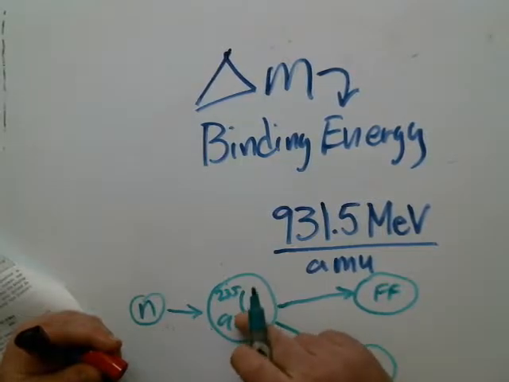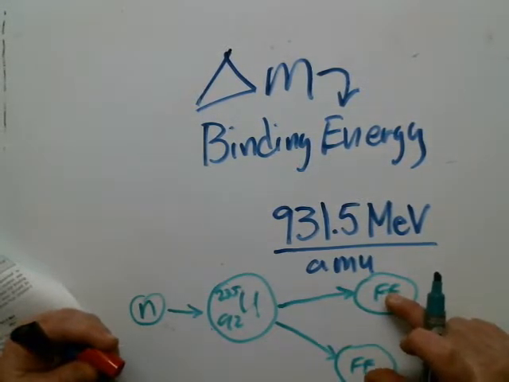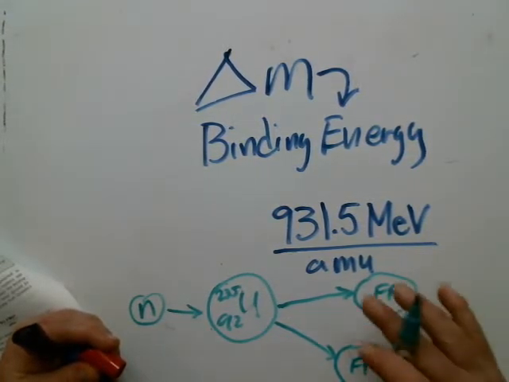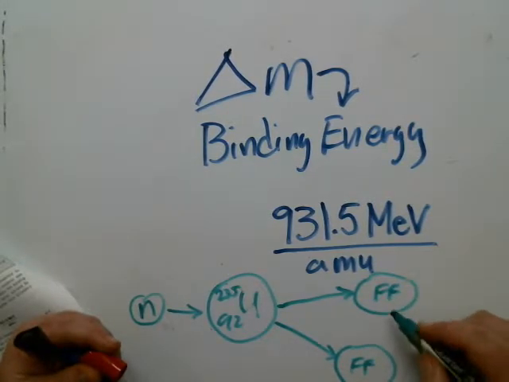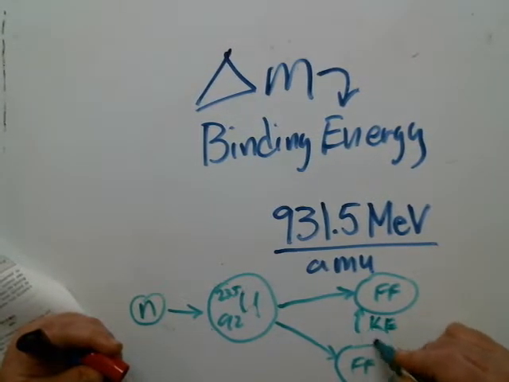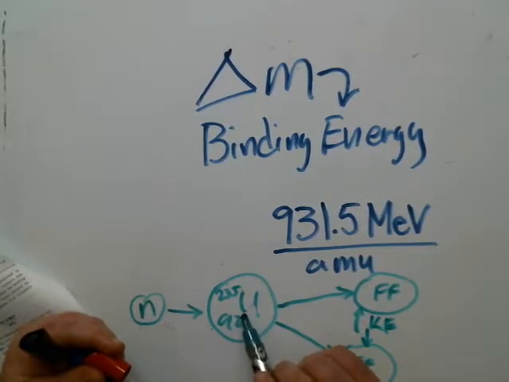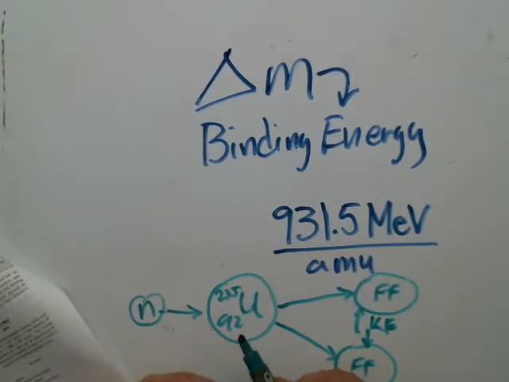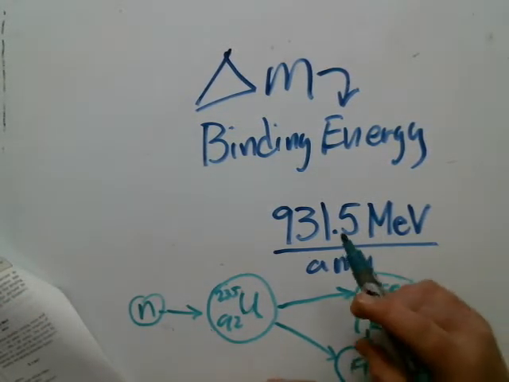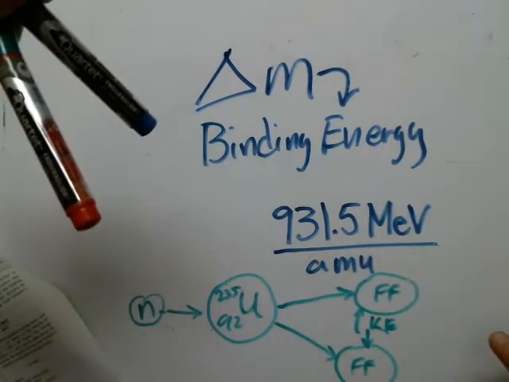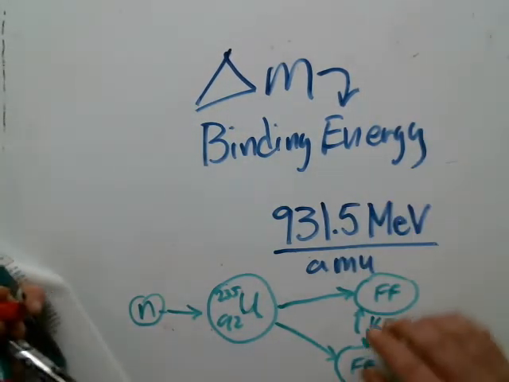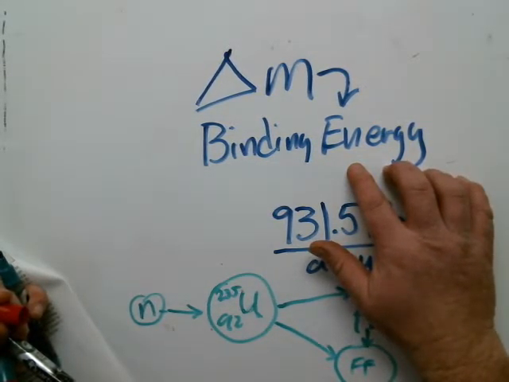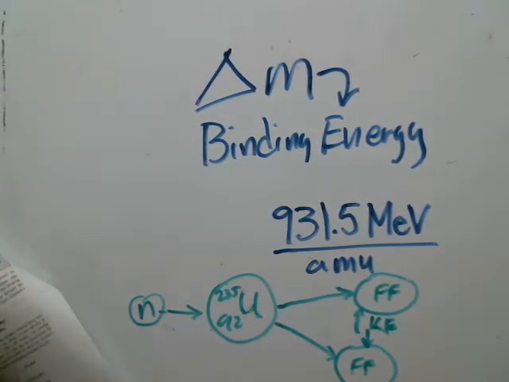And we always know this mass was less, so I can liberate this binding energy. It is generally seen in the form of kinetic energy of these fission fragments. This uranium atom was sitting here fat, dumb, and happy, left all alone, and then a neutron came in, and it split apart, and I no longer have uranium, and the two pieces that split are zinging across. They now have kinetic energy. I have essentially allowed some of that binding energy to escape. I've released some binding energy. Pretty cool.